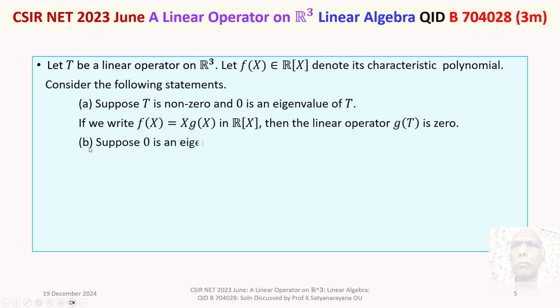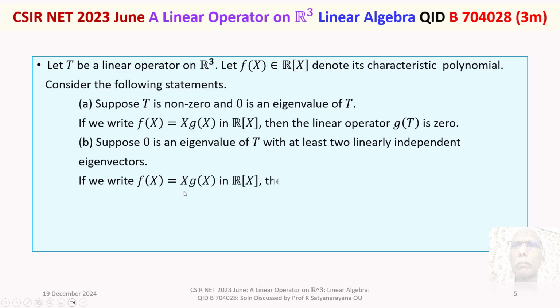Statement B. Suppose 0 is an eigenvalue of T with at least 2 linearly independent eigenvectors. If we write f of x is equal to x times g of x in R bracket x, then the linear operator g of T is 0.